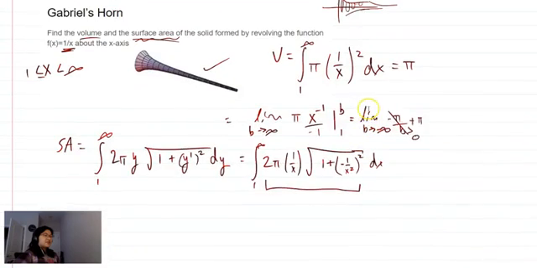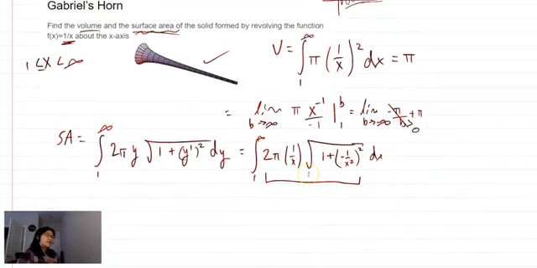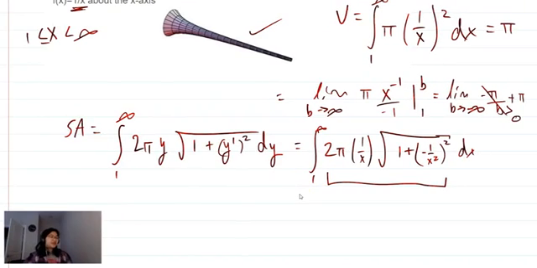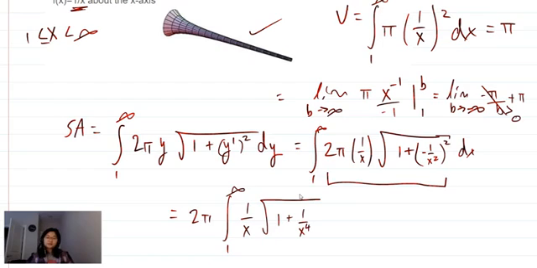That's nice, because if we're looking at this, can we write this a little bit cleaner? So this is 2 pi times the integral from 1 to infinity of 1 over x times root 1 plus 1 over x to the 4th. Now looking at this, do we have something that we can compare this to?